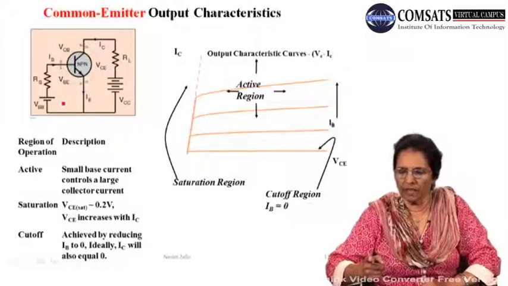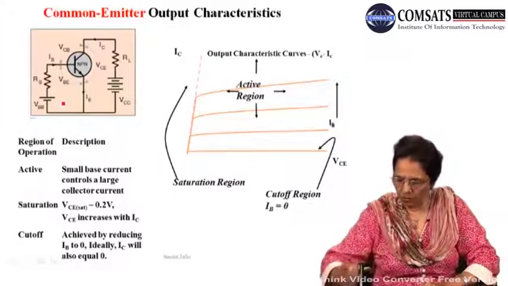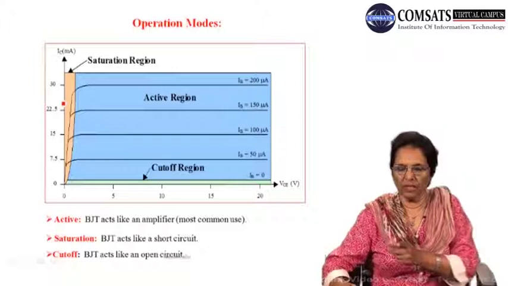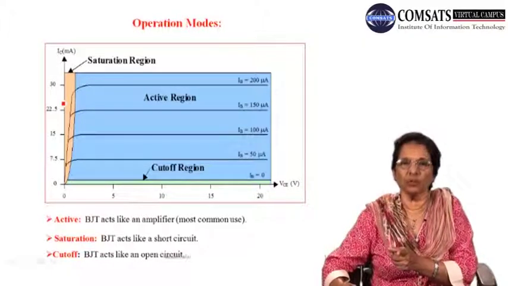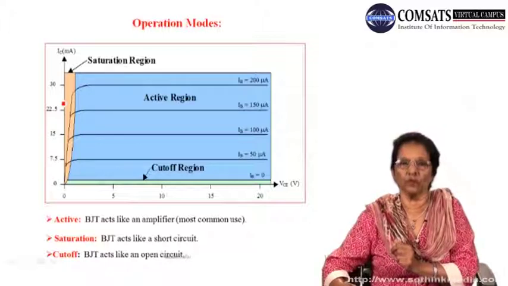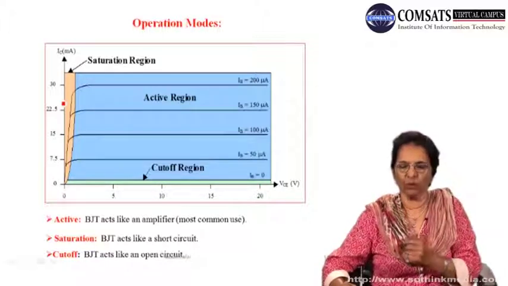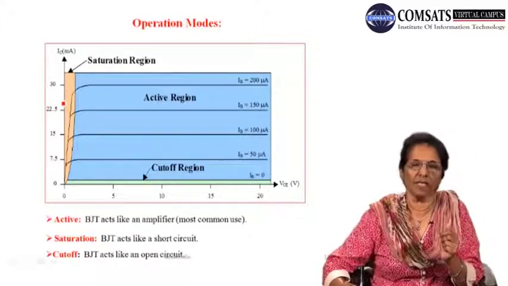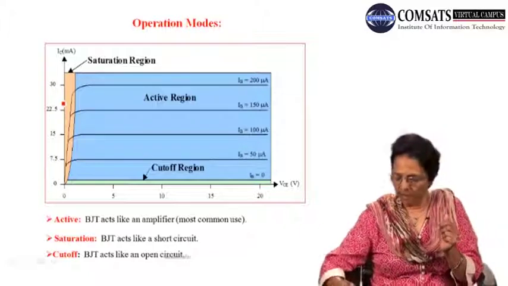The interesting thing, which we also saw before, is that the constant values of the IB current that we choose are of the order of microampere, as shown in these flat curves, and the output current IC is of the order of milliampere.